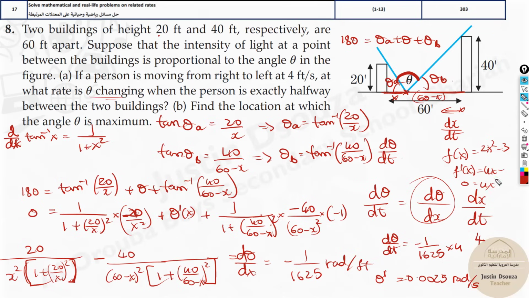At x is equal to 0, it's the maximum or minimum number. This is the critical number, right? Same thing, this is the equation. Theta dash is there. We make theta dash equal to 0 and solve for x. You can, in fact, put this entire thing in the calculator and just shift and solve, you'll get the answer. So this is how we basically solve parts A and B.